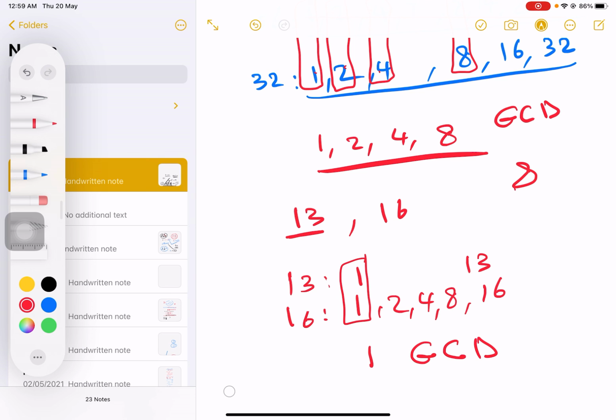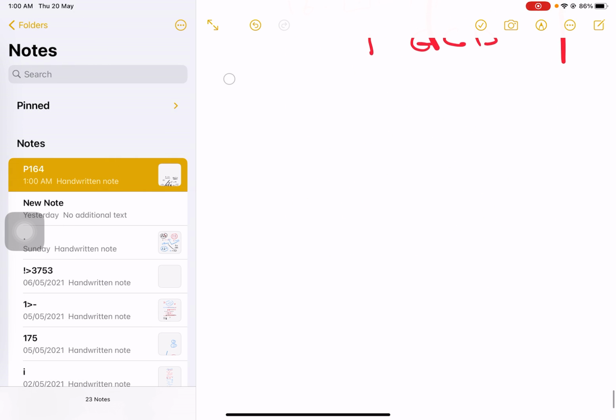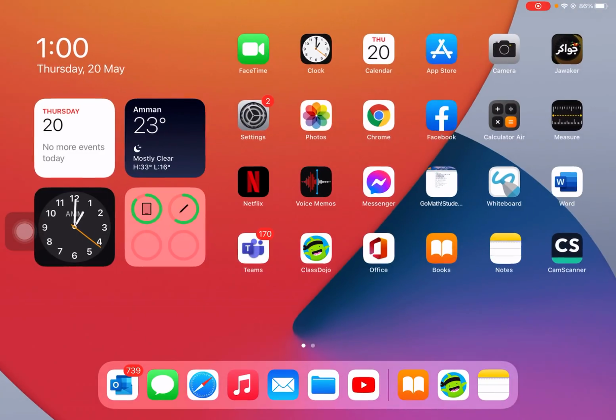Okay? Now, grade 5, please be ready for the exam. It will be on Sunday, 23 of May, your exam in math. It will be this coming Sunday, 23 of May. And the exam will be from page 17 until page 41.